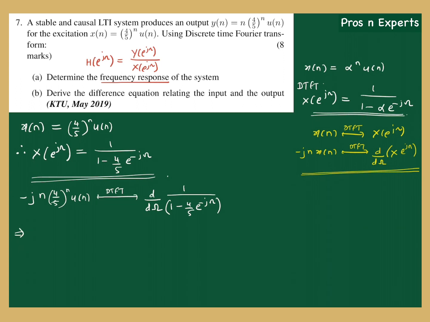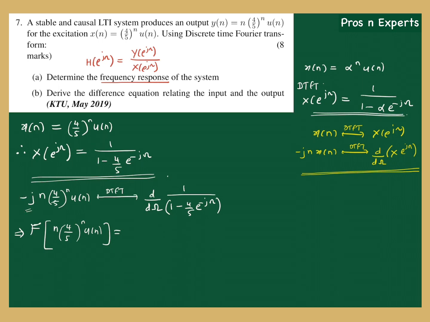Therefore, we have to find out only the DTFT of n into (4/5) raised to n u of n. No need of this minus j. So for the transform of n into (4/5) to the power n u of n, according to the linearity property, I can bring this minus j to the denominator on this side.